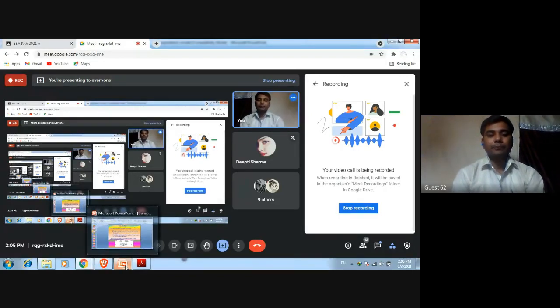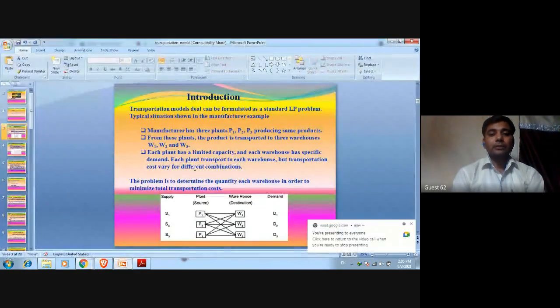Cost and time will be minimized, and profit and revenue will be maximized. So since transportation is our cost, we will try to minimize our transportation cost by using some methods.